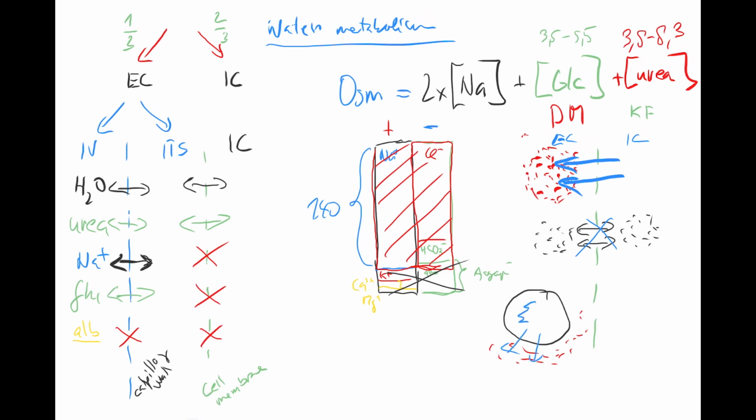The receptor cell in the hypothalamus shrinks, and then sends a signal, and you're going to be thirsty and release a hormone, and that hormone is ADH. Okay, so this is how the osmoreceptors work. So they will react to increased levels of glucose, but they will not react very well or at all to urea. Understand?